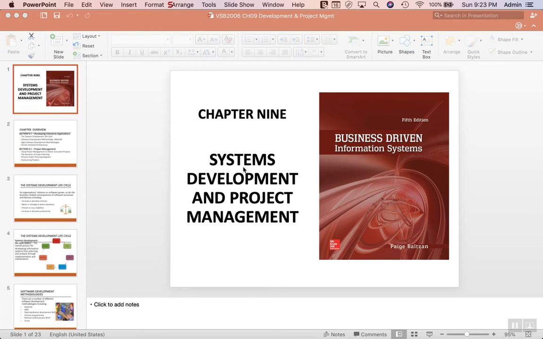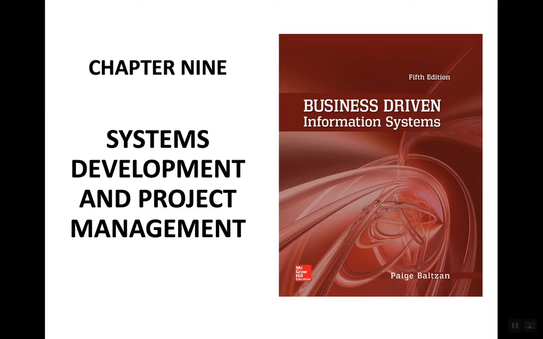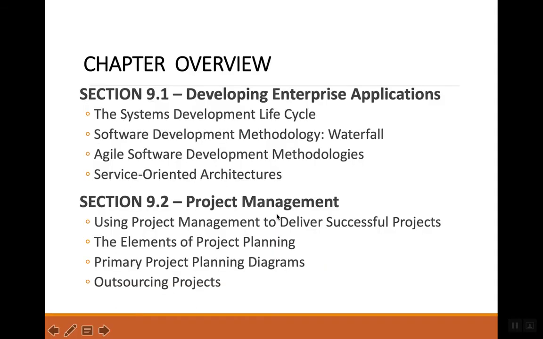Okay, so in this section, which relates to chapter 9 in the book, we're going to be talking about systems development and project management. Basically, there are two areas that make up this space.